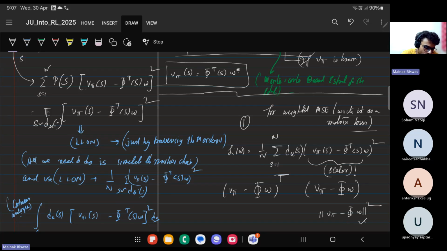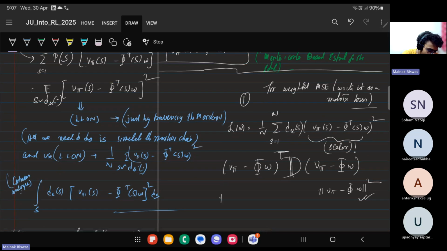But now I say that I'll multiply a D matrix in between. This will be a diagonal matrix having d mu of 1, d mu of 2, up to d mu of n.